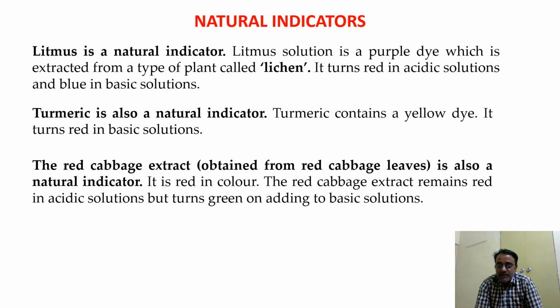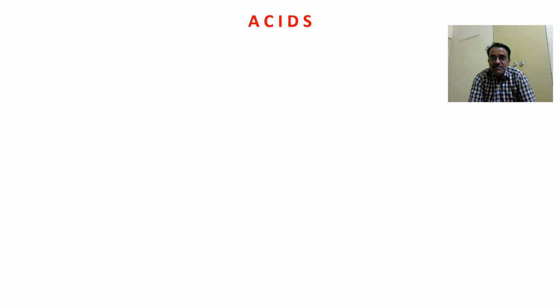Now we are moving towards our main topic, which is acids. So what are acids? Acids are those chemical substances, as we have just seen, which have a sour taste. And one more property we have seen is that acids change the color of blue litmus to red.